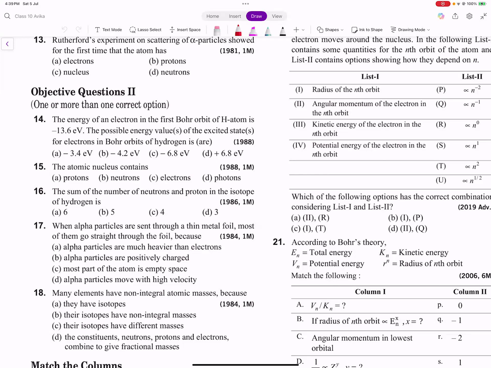Yes, sir. What do I do now? 14. One or more than one correct option, maybe. You have to check.